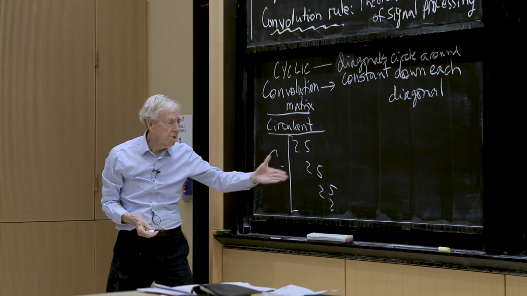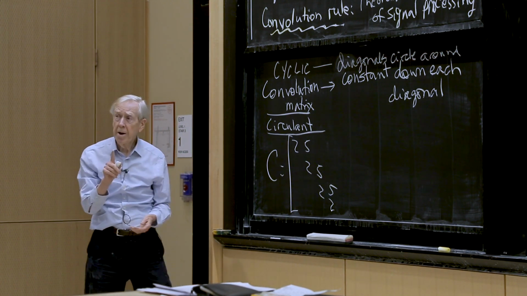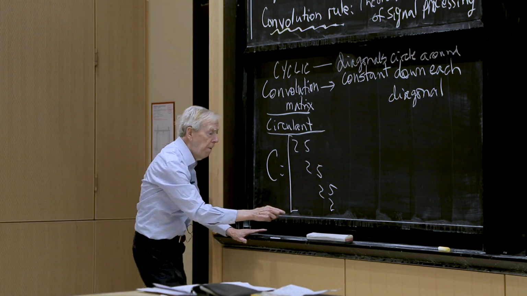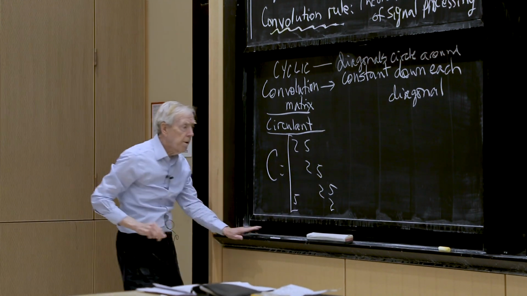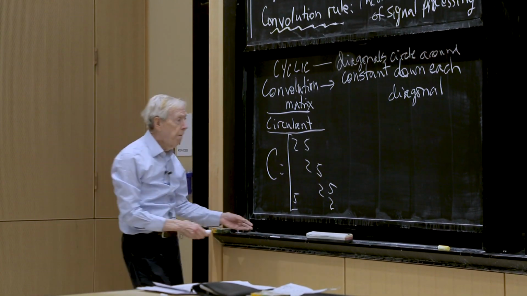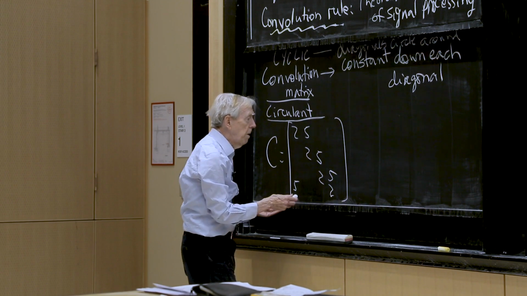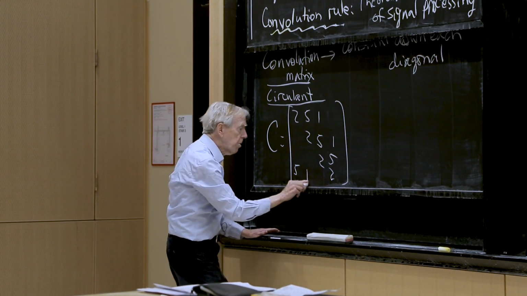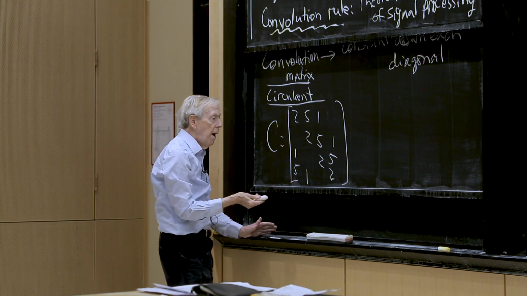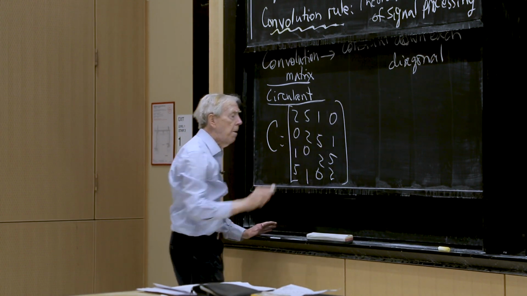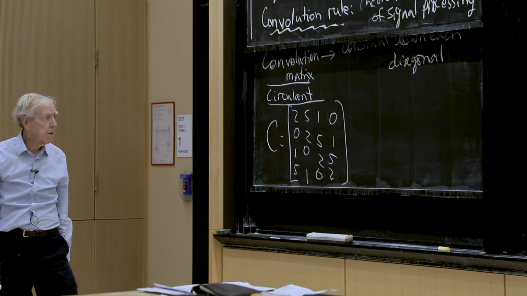So this is a constant diagonal matrix, but it's not yet a circulant. That diagonal circles around to be completed. Every diagonal has 4 entries here. So let me take another one, say 1, 1, then that would circle around to 1, 1, and this guy could be 0. There's a circulant matrix.